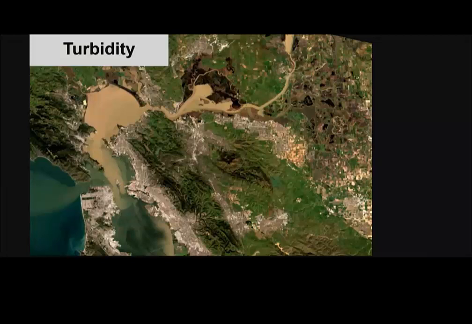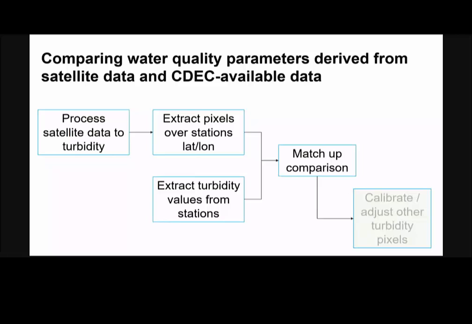And so turbidity is the first parameter that I wanted to share some results with over the delta. One of the key elements of the project is seeing how well the remote sensing derived measurements of these water quality properties relate to ground-based measurements, because ultimately we want to show how well these algorithms perform relative to what the management-based standard is. So what we do here is we take the satellite-derived estimate of, for example, turbidity.